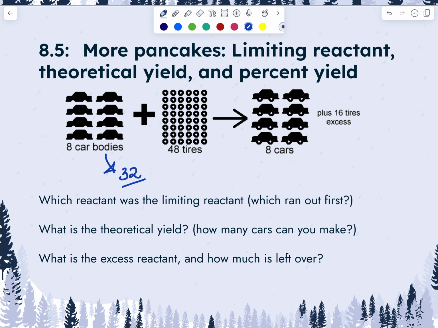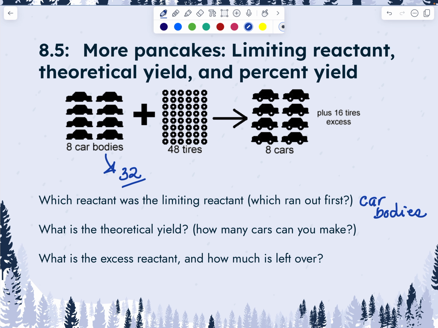So therefore, the car bodies are going to run out first. So we call that the limiting reactant because, right, the reactant has to be one of the ingredients, one of the things that we use to make the car.